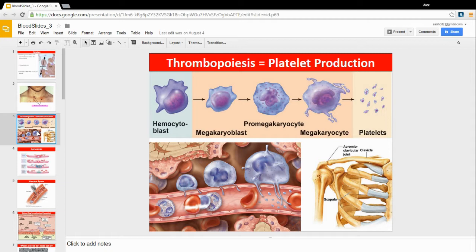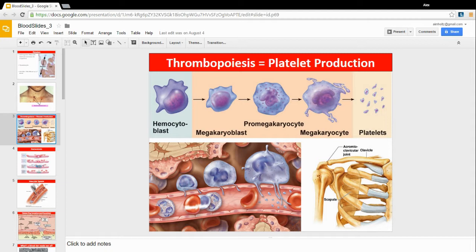Since hemopoiesis is making all the blood cells, it's going to include thrombopoiesis. Now, thrombo literally means clot. So literally this word is clot production, clot synthesis. But that's not what it actually refers to. It refers to the production of thrombocytes, or better yet, platelets.